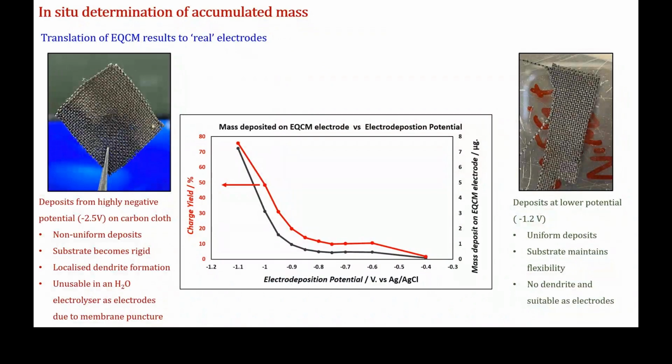So these measurements essentially allow you to determine the best plating conditions, and the kinetic measurements allow you to really pinpoint the best potential or current density that you might want to actually use on a real electrode.